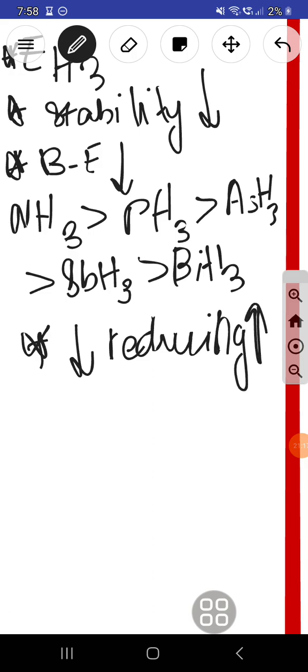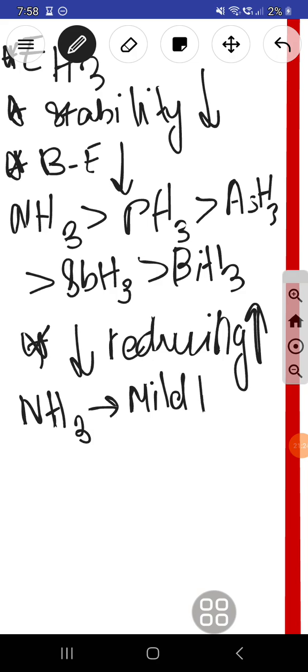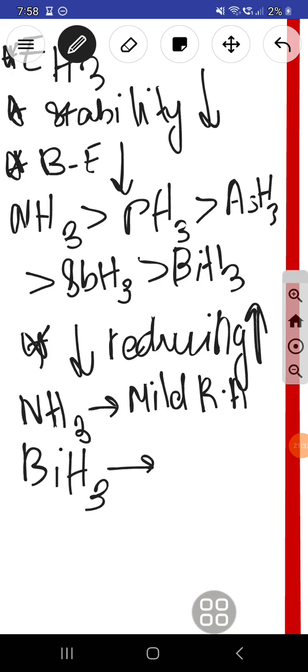That is, we can say that ammonia is a mild reducing agent, whereas BiH3 is a very strong reducing agent.